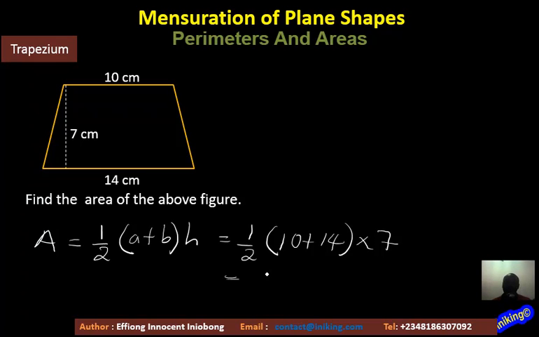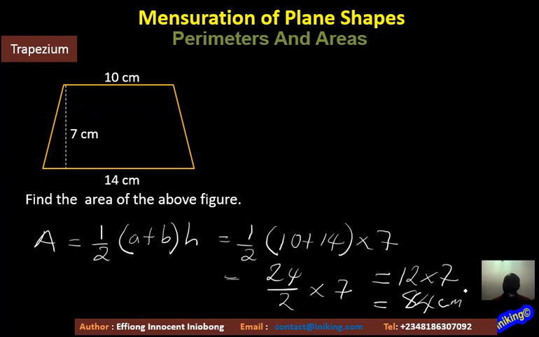And that gives us 24 divided by 2 times 7, which reduces to 12 times 7, and I'm very sure this will be 84 centimeter square. That's our first problem solved.